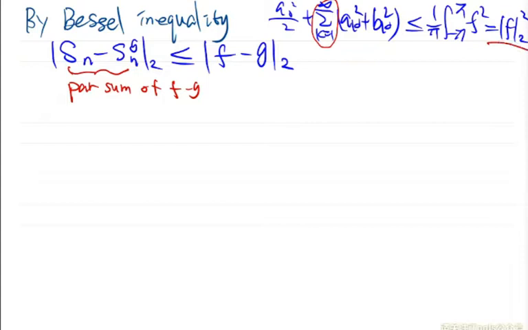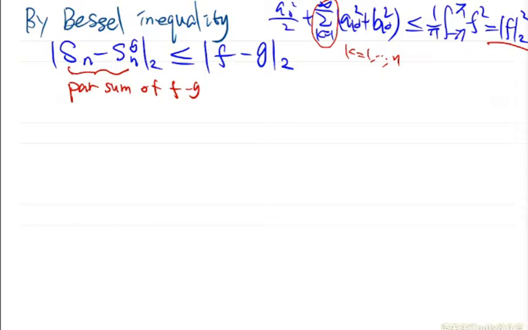Now your partial sum only sums k from 1 to n, so of course it will not be greater than the square of the L2 norm. This is the consequence of the Bessel inequality.